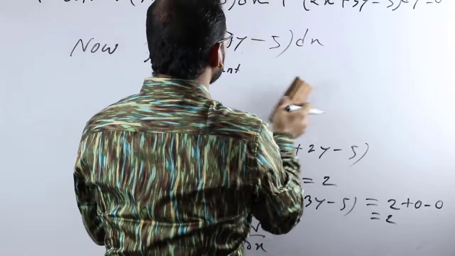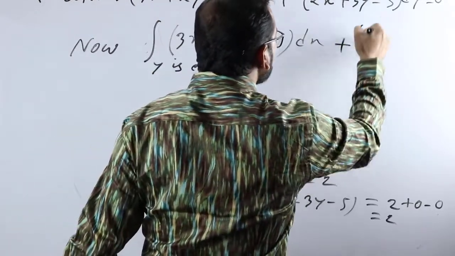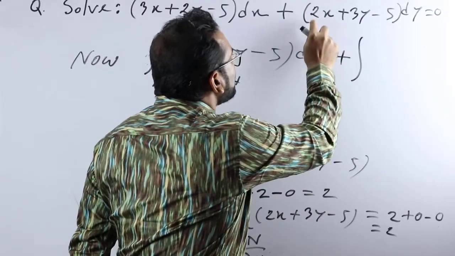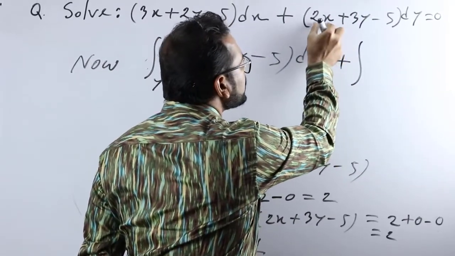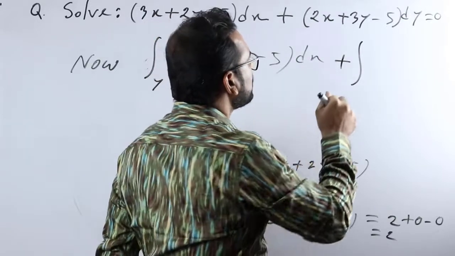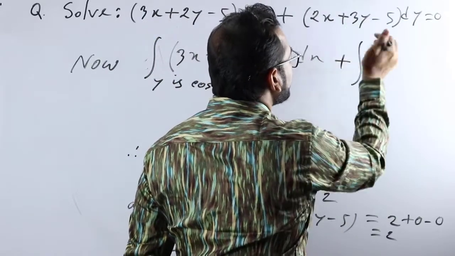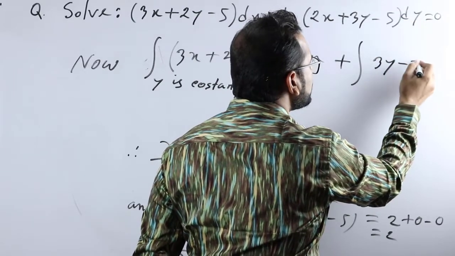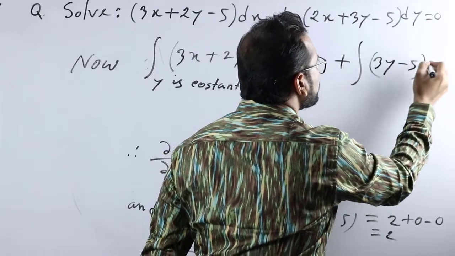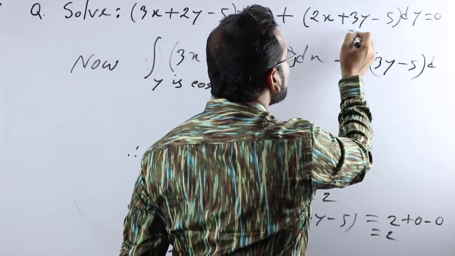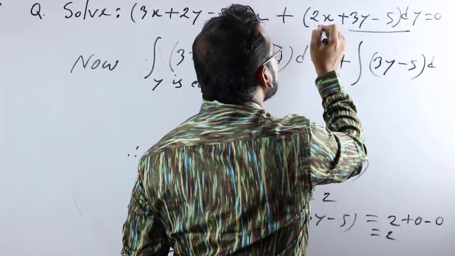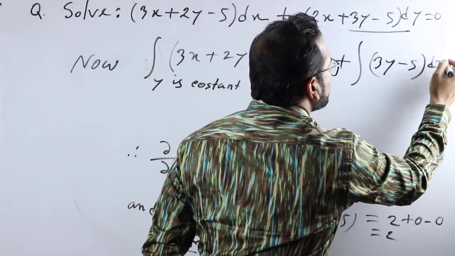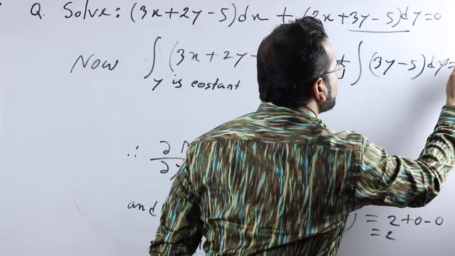And now plus the integration of the x-free terms. Here, is there an x? There is x, so this is not an x-free term. There is no x here, so this is an x-free term. There is no x here either, so this is also an x-free term. So you have to integrate only this term, not this one, because this includes x, dy = 0.